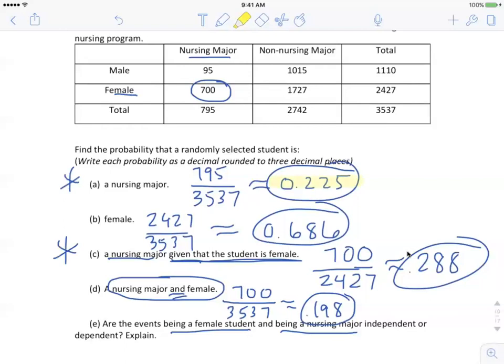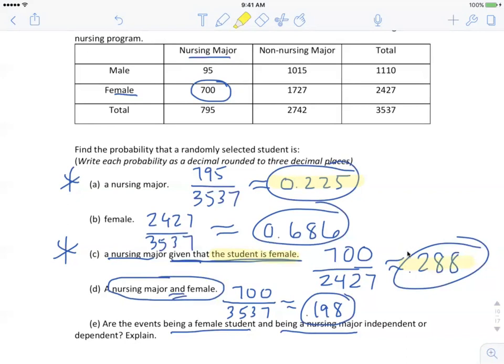About 22%. If we put a condition that the student is female, the probability of being a nursing major goes up to about 29%. So the condition being female changes the probability of being a nursing major. Now, is this significant enough to warrant a significant change? I mean, 22 up to 29. Okay, we'll say yes for now. We'll get to that later.